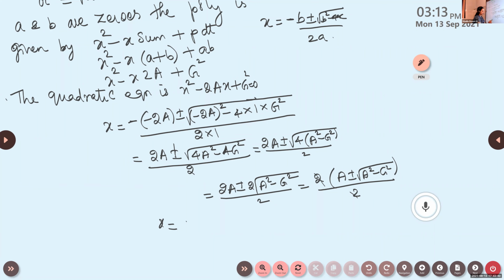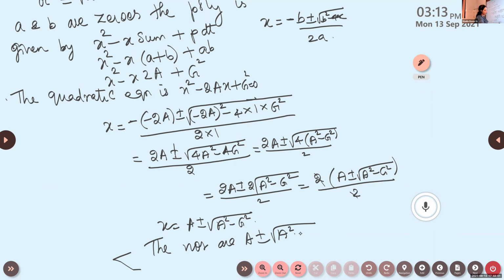Therefore x is equal to a plus or minus root of a square minus g square. So these are the zeros. Therefore the numbers are a plus or minus root of a square minus g square.